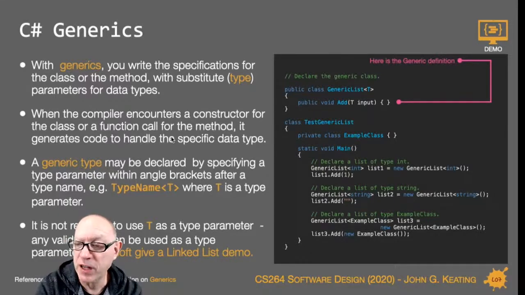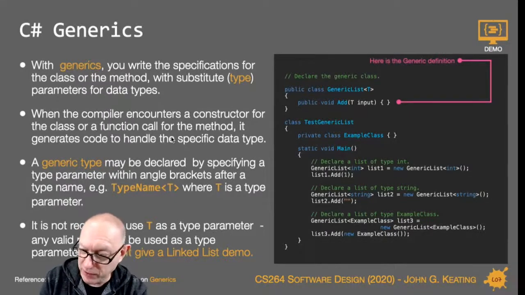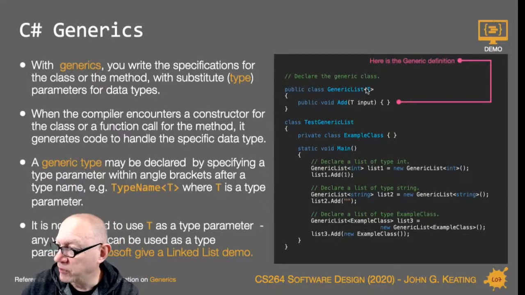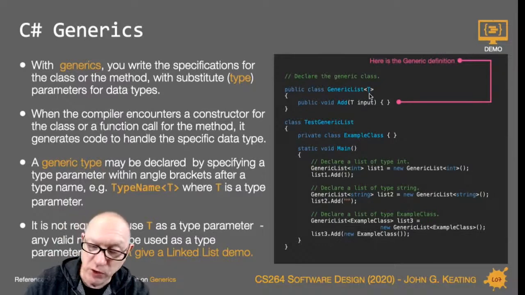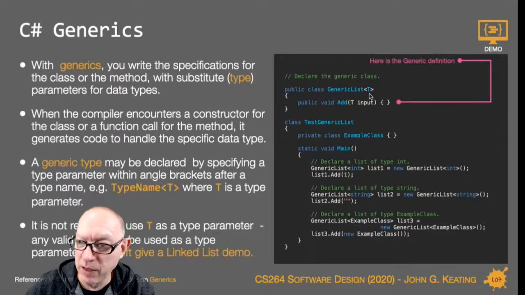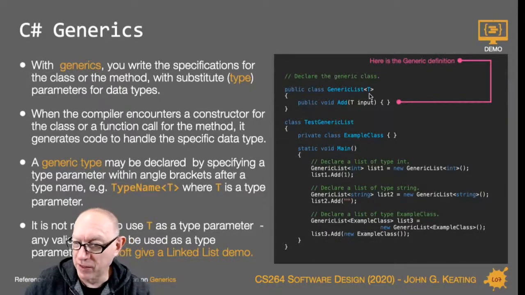So a generic type may be declared by specifying a type parameter within angle brackets after the type name. So type name, angle brackets, T, where T is a type parameter, okay? And then this kind of becomes a placeholder for the type. So it's a type, that's what a parameter is. It can be whatever type you give it at the time of calling.